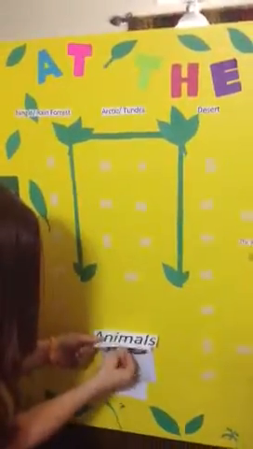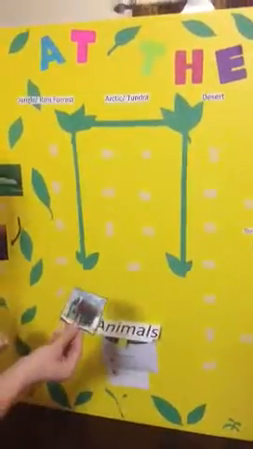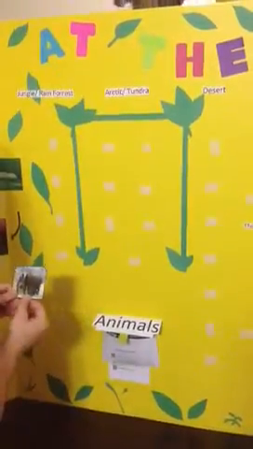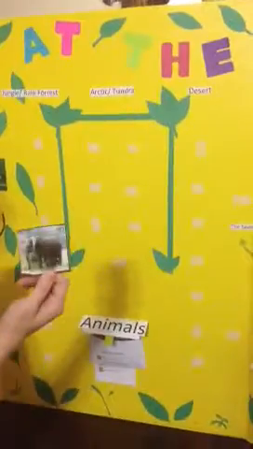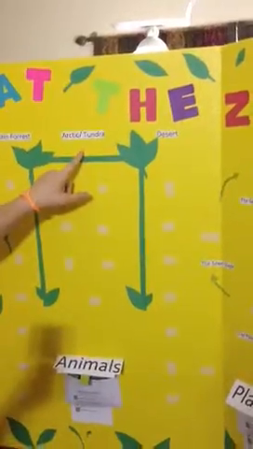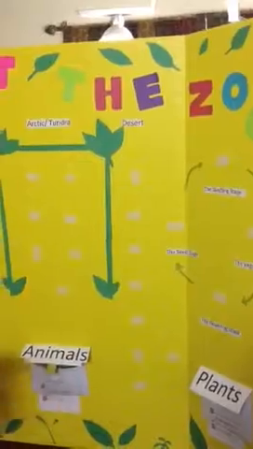Over here on the animals, same thing. We have a description and directions of what to do. They are supposed to pull out a card of an animal, and then figure out where it goes. This is an elephant. Does it live in the jungle rainforest, or in the Arctic tundra, which is a cold climate, or in a desert?